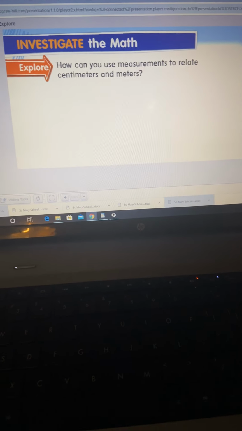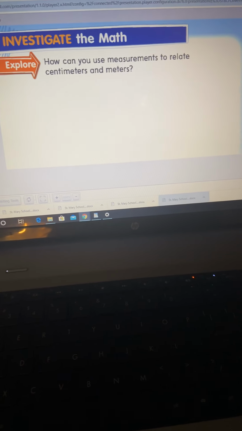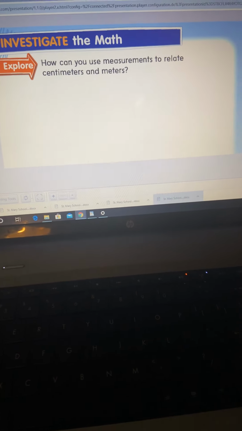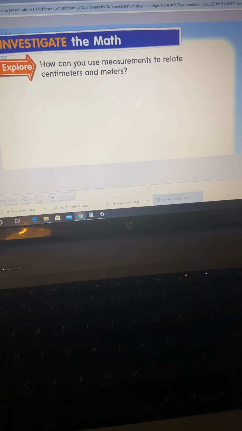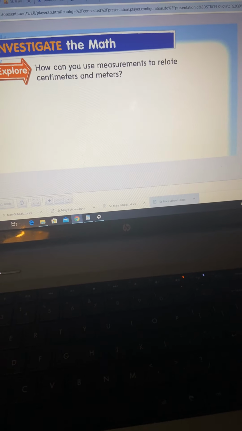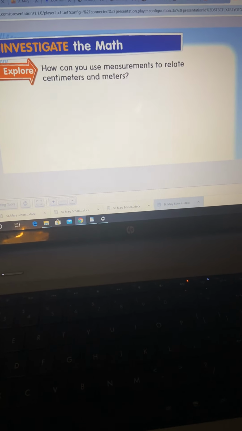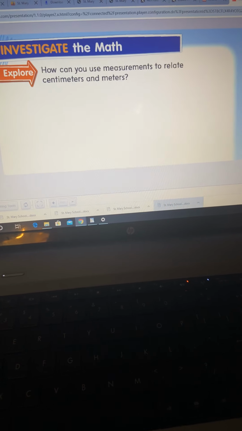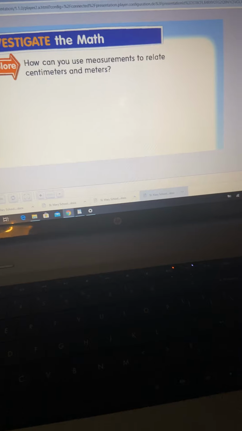Okay. Our question for today is, how can you use measurements to relate centimeters and meters? Well, the way that centimeters and meters are related is that they're both the metric system. And we're going to learn that if you compare them, a centimeter is smaller than a meter, all right?